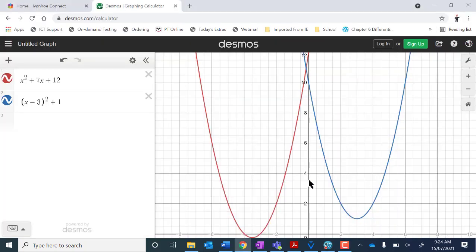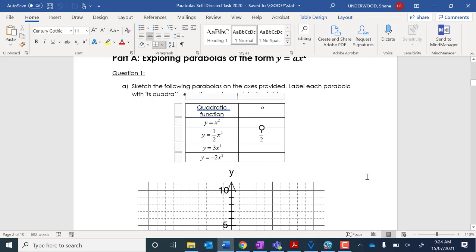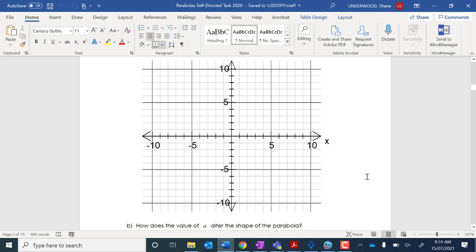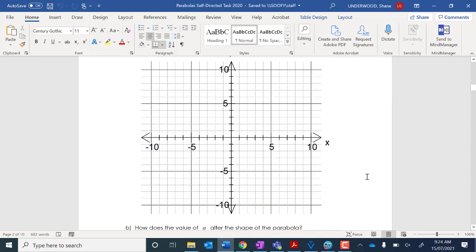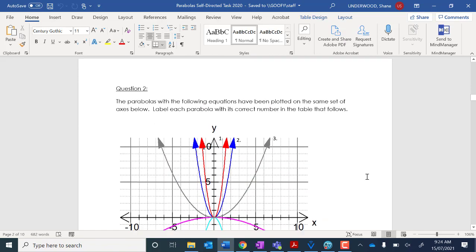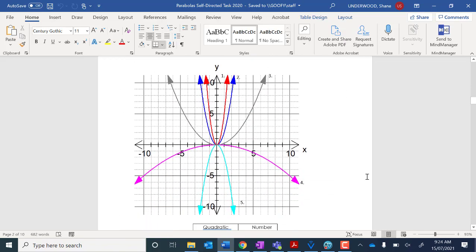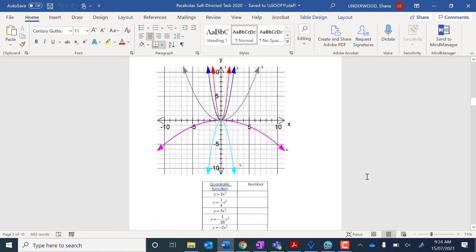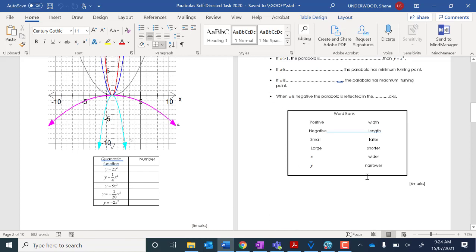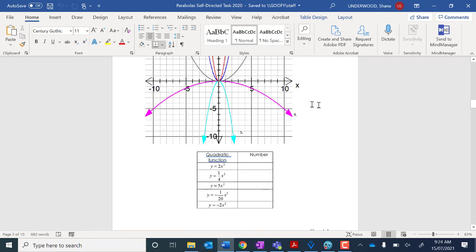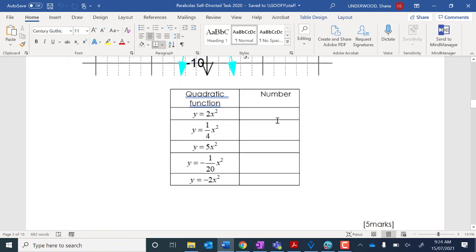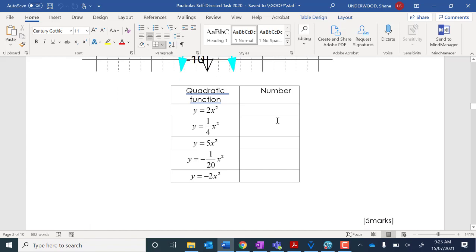So all of these things are impacting what happens. When you do that, fill in the gaps, and make sure that you're filling in accurate graphs of where the turning point is and where the intercepts are, because you can see all that on the graph. Now, we then give you a bunch of these things. Which one's which? Fill in the blanks. Which one is number 4? Well, number 4 clearly would be one of the wider ones. That pink one.